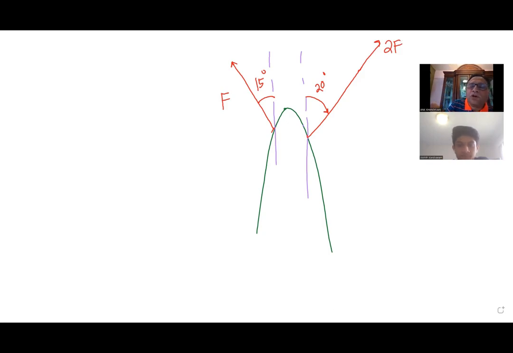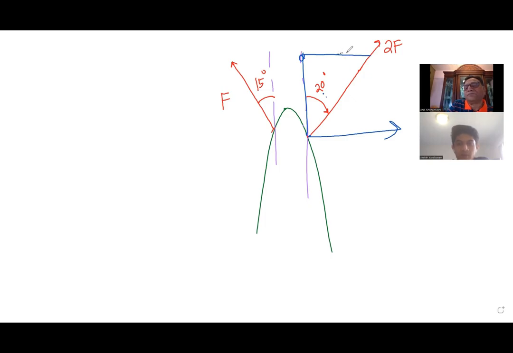Best way, what do you suggest? How do we find the resultant force in this case? Sir, I'd say we can form a triangle. But better will be to resolve these forces into their x and y components. Yes. So for 2F, the x component will be what? This is 20 degrees, so the x component is sine theta.